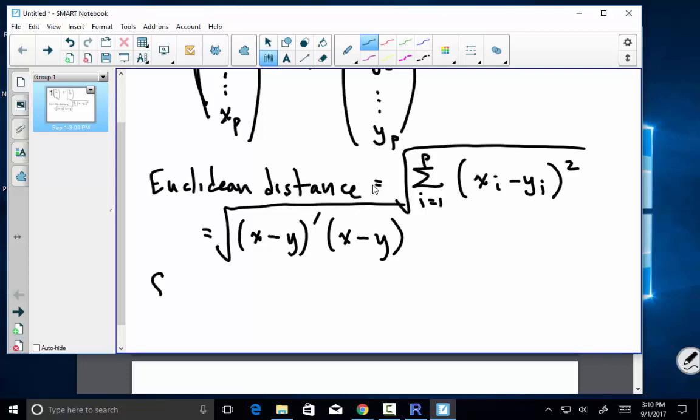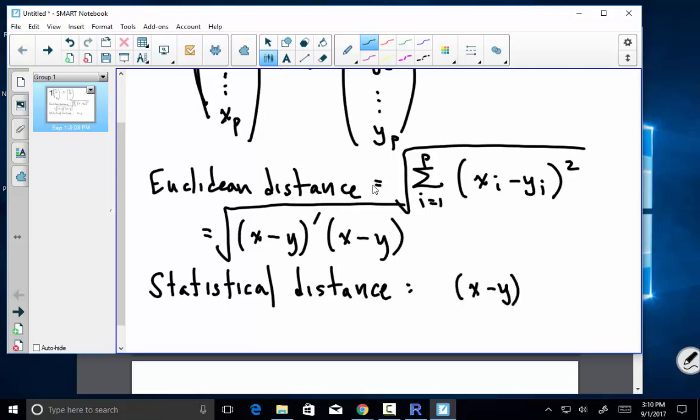What we're going to call statistical distance is similar to this, but it's been fixed up a little bit to handle data. Statistical distance, as in the slides, is of the form x minus y transpose, x minus y, just like Euclidean distance, but then we weight the differences in the middle with a particular weighting matrix.